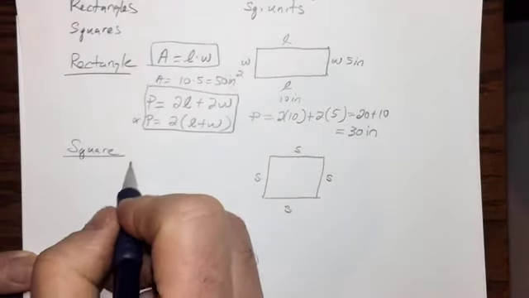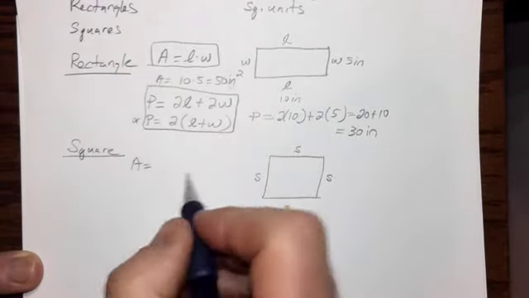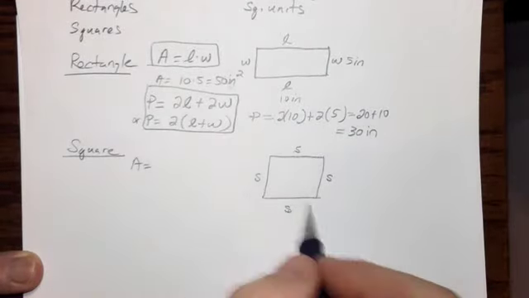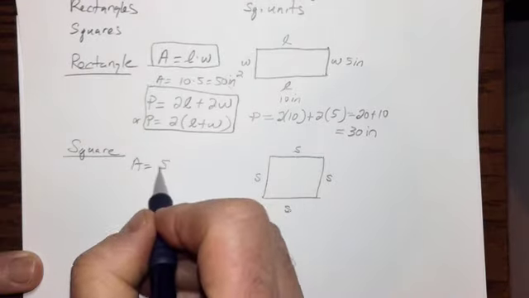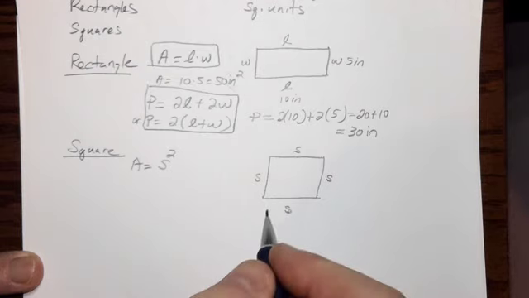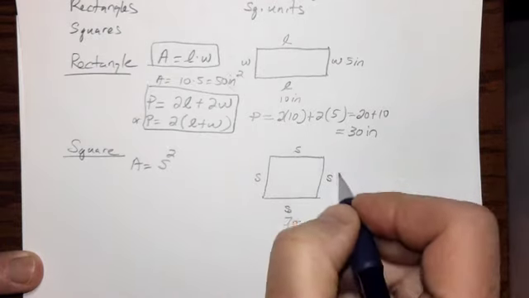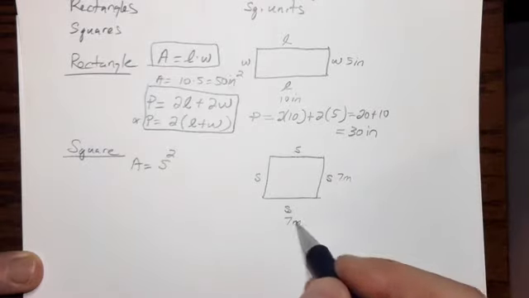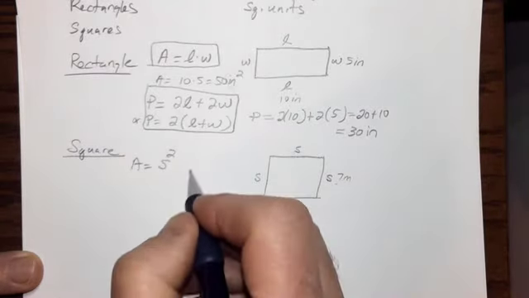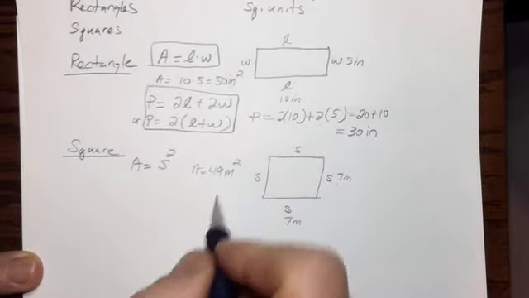And so if I were to look at the area, length times width, since it's a rectangle, side times side is just side squared. So if this was 7 meters, this would be 7 meters. 7 times 7, the area would be 49 square meters.